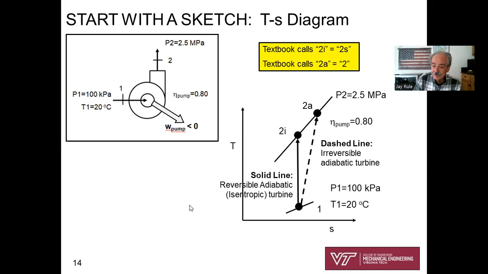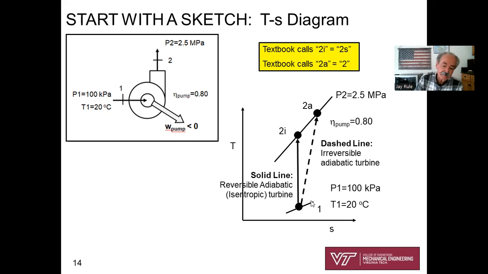It's important then to draw a TS diagram. Where's the vapor dome? Because we're dealing with water, for our tap water at 100 kPa and 20 degrees C, this is going to be to the left of the vapor dome because it's a compressed liquid. If this had been a saturated liquid, this would sort of represent the vapor dome.